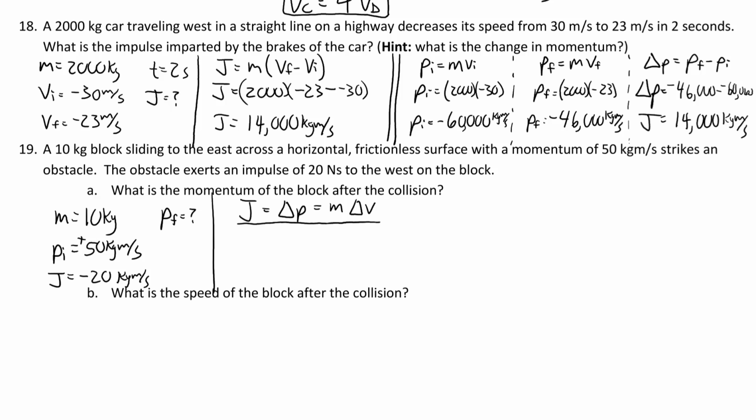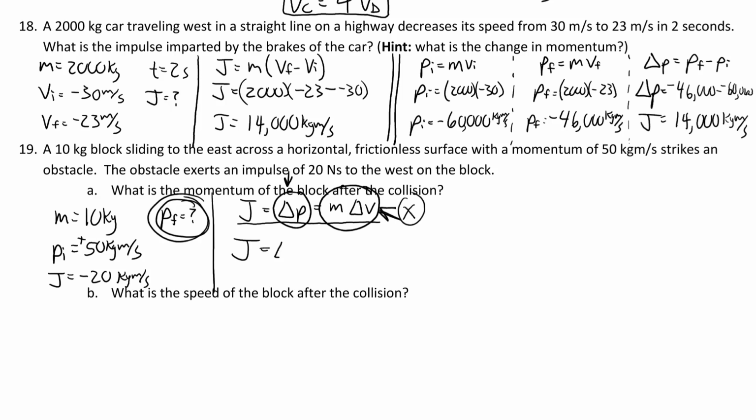Now, we have this long equation with 3 different things. One of them is unnecessary, so let's pick out the 2 things that we want to use. They told us what the impulse was, so let's use the impulse. Now, they're looking for the final momentum. Which piece do you think the final momentum is going to be in? Hopefully you could tell this guy is not as useful as this guy in terms of finding the final momentum.